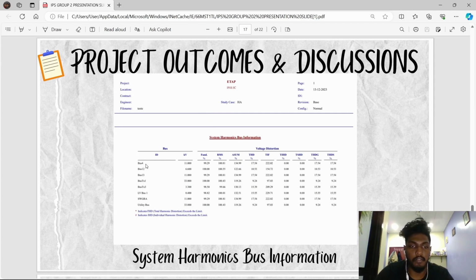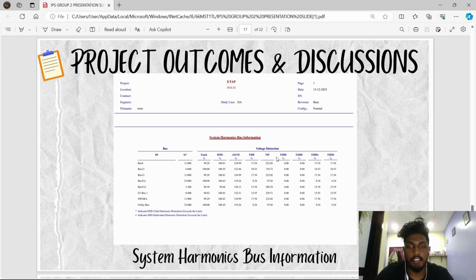So we have bus 4, 12, 13, bus transformer 1, bus transformer 3, LV bus 1, which is low voltage bus 1, SWGRA, and also utility bus, and this is the kV for each bus, which is 11 kV, 6.6, 11, 33, 3.3, 0.4, and so on, according to the PDF the doctor gave.